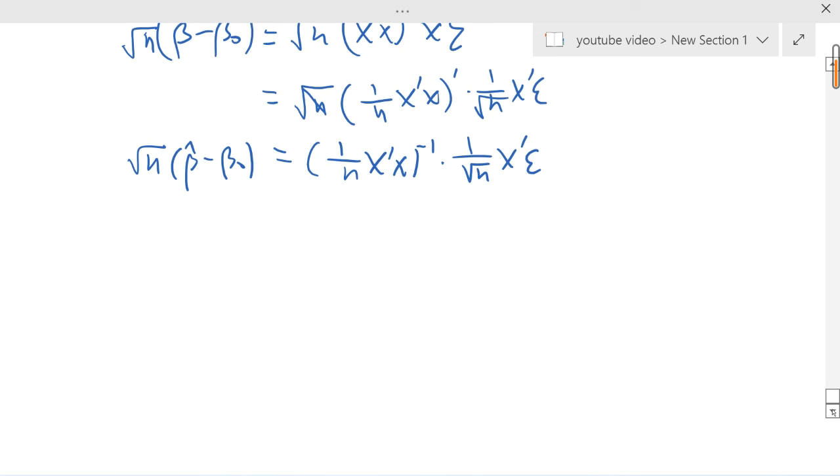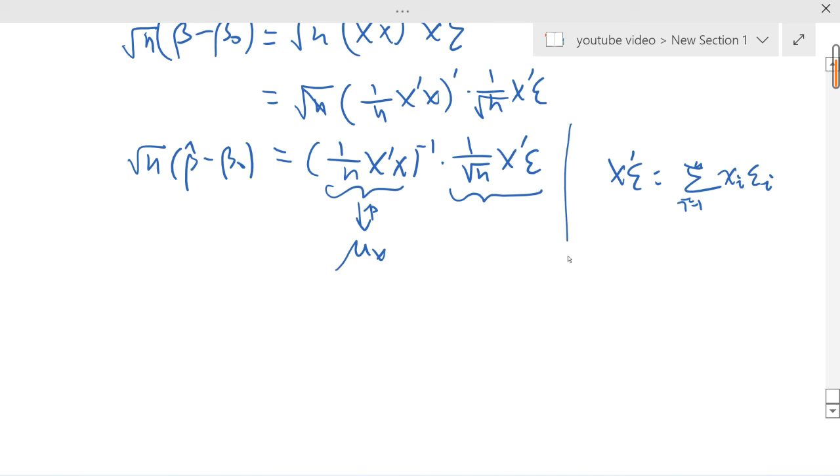As n approaches infinity, we see that the first term converges in probability to mu x. And for the other term, recognize that X prime epsilon is actually a sum of IID random variables.